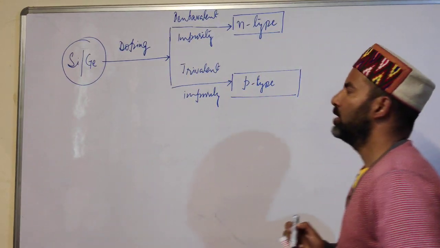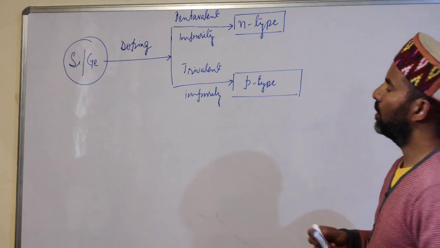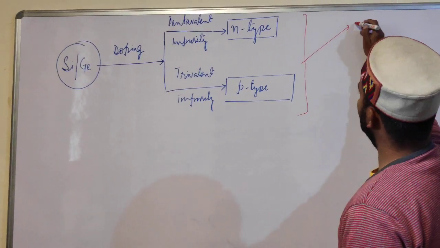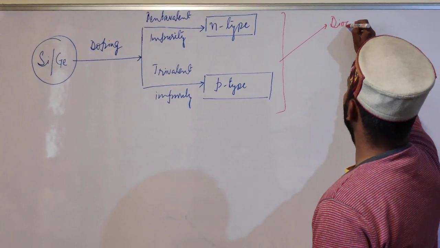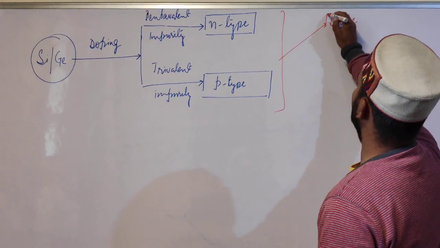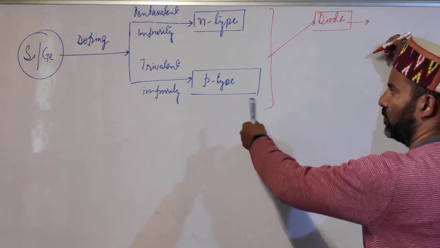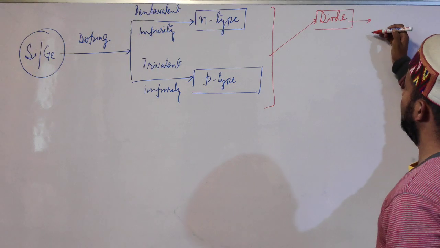Now students, these semiconductors can be used as diodes. And students, what is a diode? A diode is obtained by combining a P-type semiconductor with an N-type semiconductor.